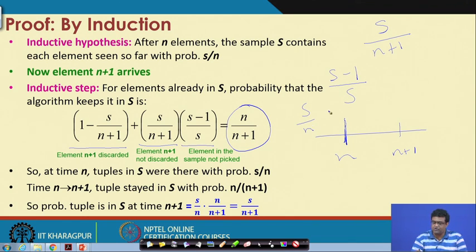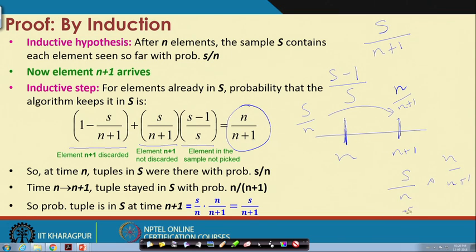Now, from here to here, the probability that an element will be kept is n by n plus 1. So, the chance that after n plus 1 an element will be kept is s by n times n by n plus 1, which is s by n plus 1.